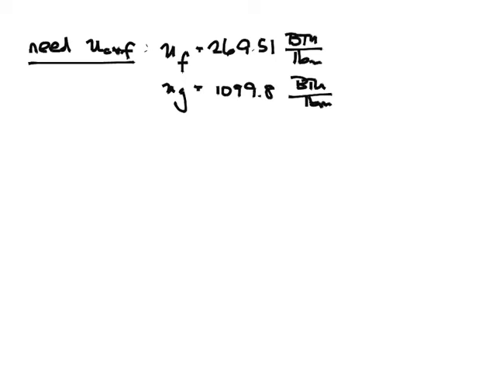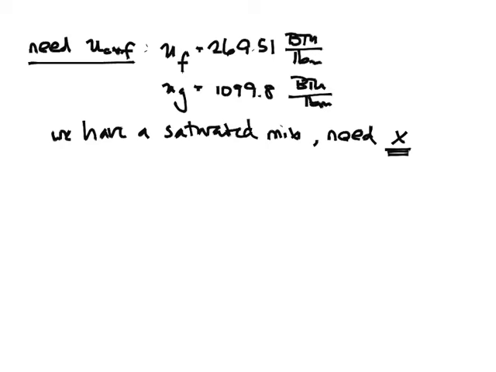And the specific internal energy of the saturated vapor is 1,099.8 BTUs per pound mass. So we know we have a saturated mix, and we know that because we're told that there's liquid and vapor in the final state. So we need the quality.